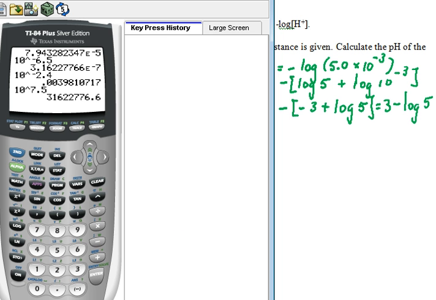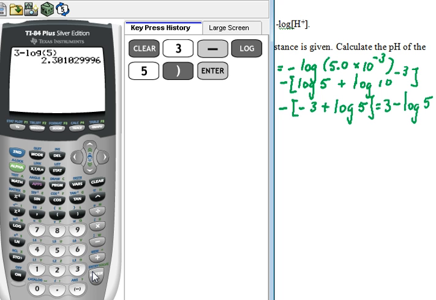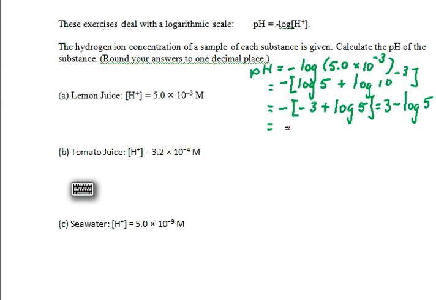And if we look at the calculator and we enter 3 minus the common log of 5, close the parentheses, we're going to get 2.3. So our first pH is 2.3.